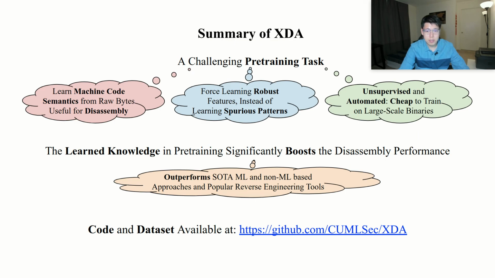Moreover, since the pre-training task is fully unsupervised and automated, it significantly saves the expensive manual effort in maintaining heuristics and can be cheaply trained from large-scale binaries. We have empirically demonstrated our approach is effective, outperforming the state-of-the-art by a large margin. Finally, we have made the code and dataset public.